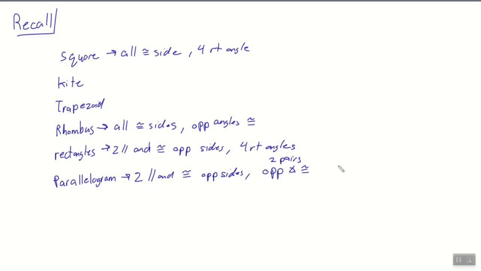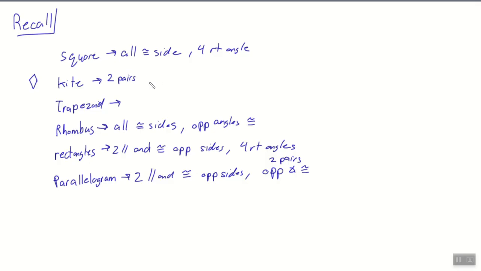Now we got the 2 tricky ones, trapezoids and a kite. Do you remember anything about these 2 shapes? I know Anno does. Anno knows a whole lot about kites. A kite looks like this. Tell me something about the sides. What do we call that?